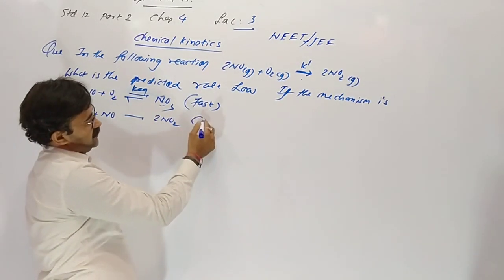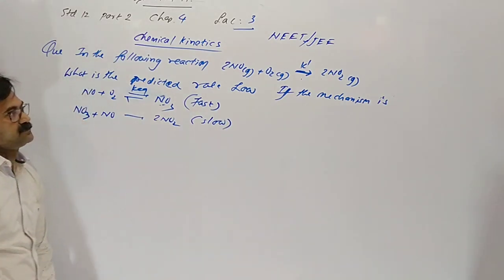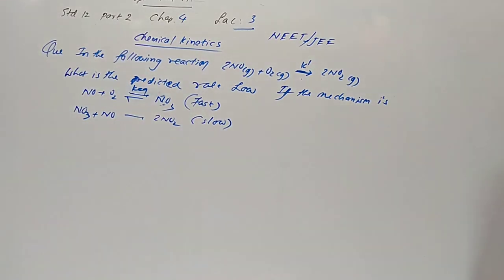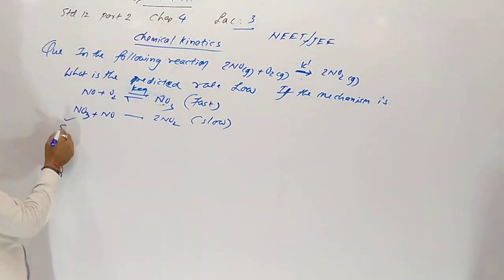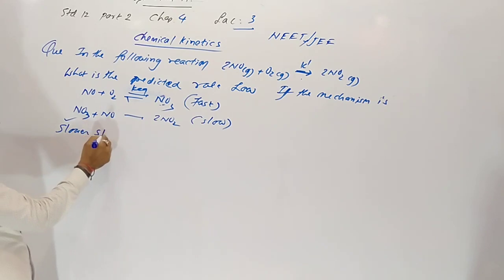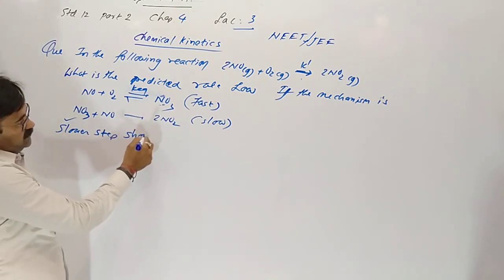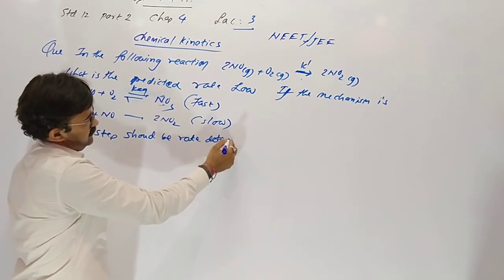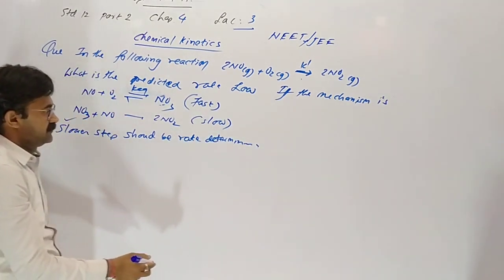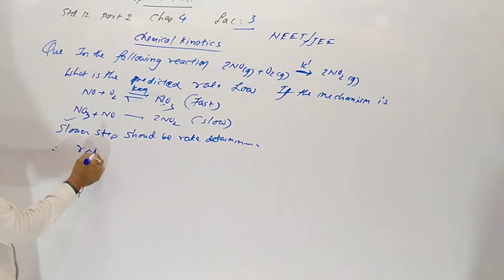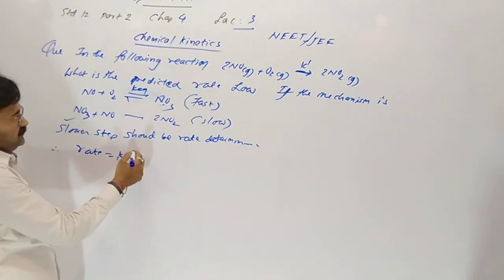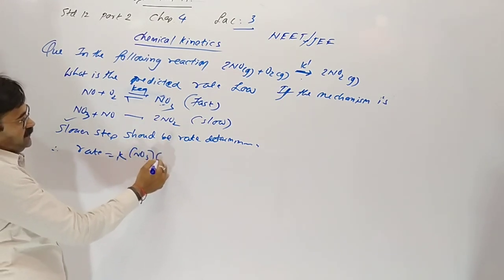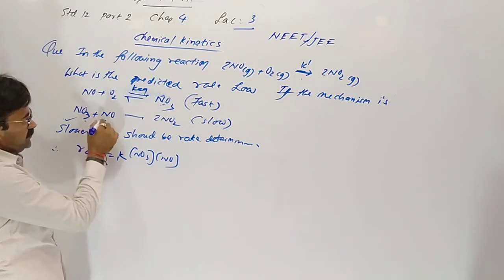This one is a slow step. Find out the rate law, rate expression, same. Which one is the slower? Yes, the slower step should be rate determining. So rate equal to K, NO3 into NO, these two.